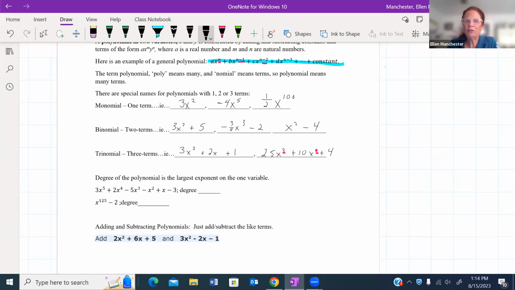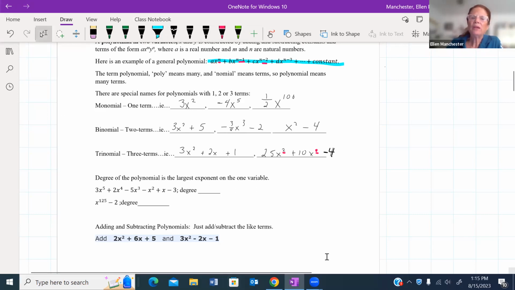These terms are connected with pluses or minuses. And I'm going to change this so you have an example of it. There we go, -4. So anytime you have pluses or minuses in between monomials, you have a polynomial.